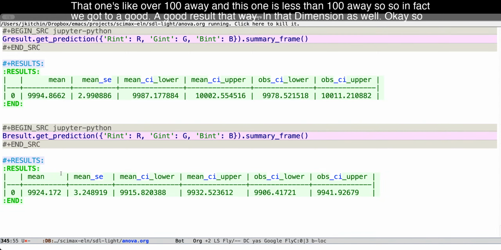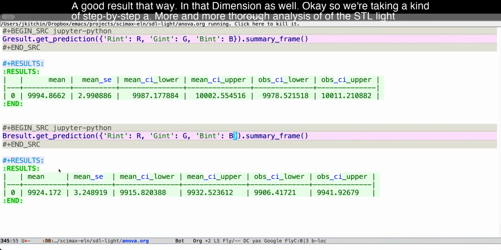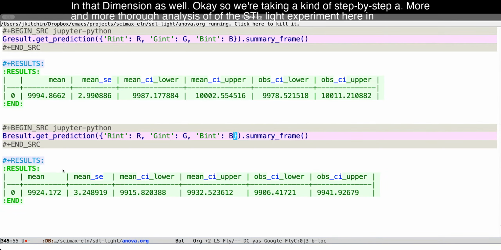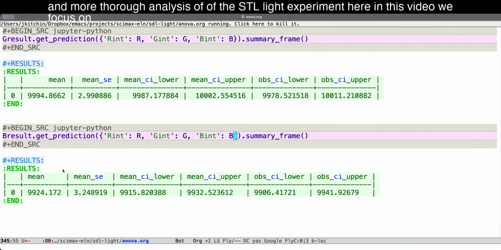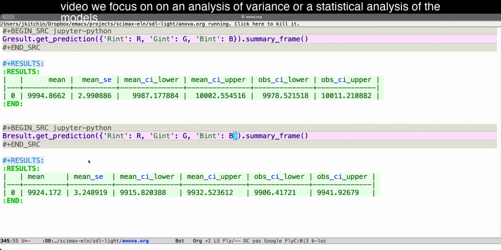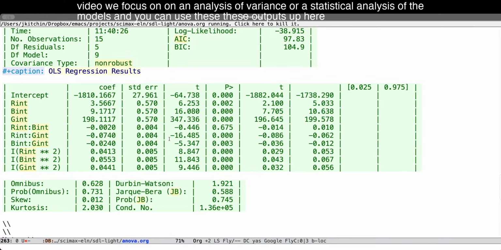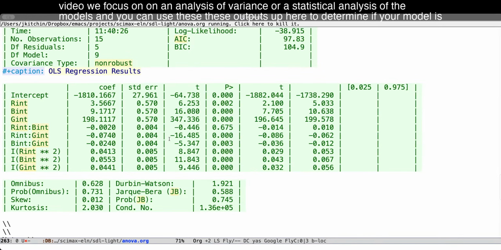Okay, so we're taking kind of step by step a more and more thorough analysis of the SDL-Light experiment. Here in this video, we focus on an analysis of variance or a statistical analysis of the models, and you can use these outputs up here to determine if your model is overfitting.